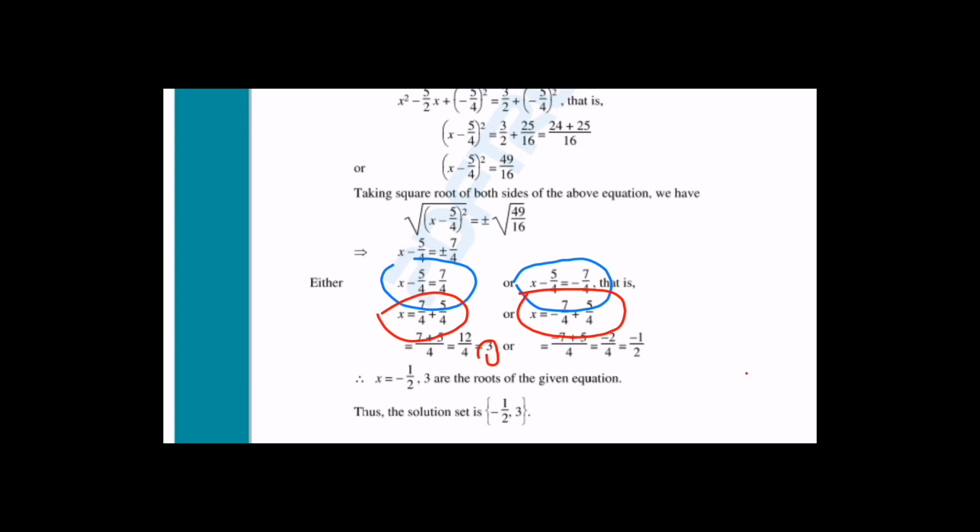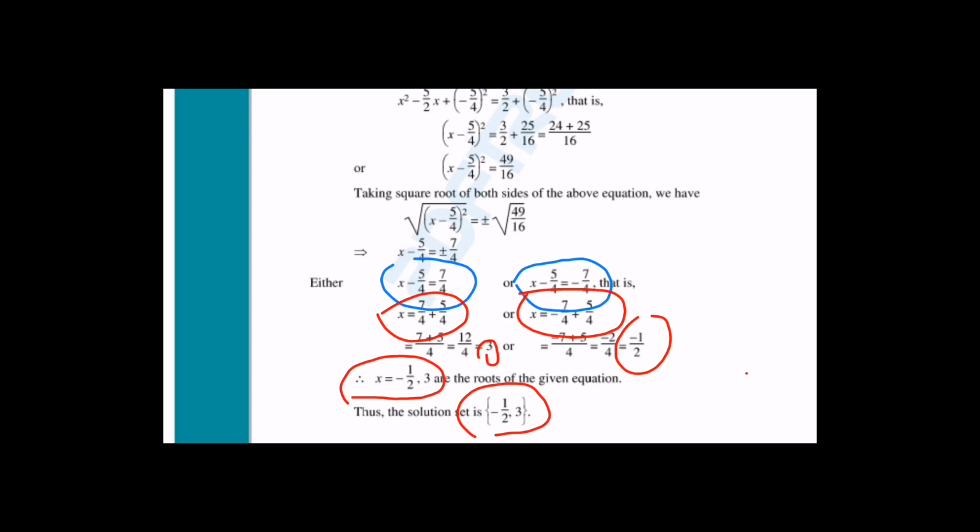Now by taking LCM we get x is equal to minus 1 by 2. Therefore the solution is x is equal to minus 1 over 2 and 3. So the solution set is minus 1 over 2 and 3.